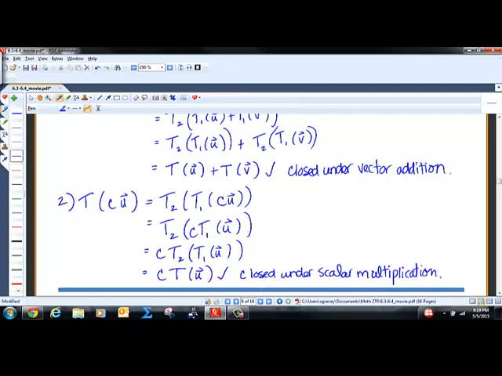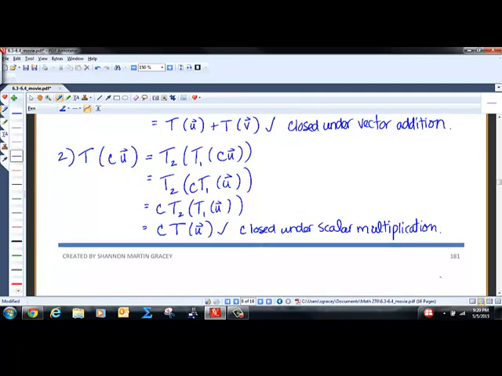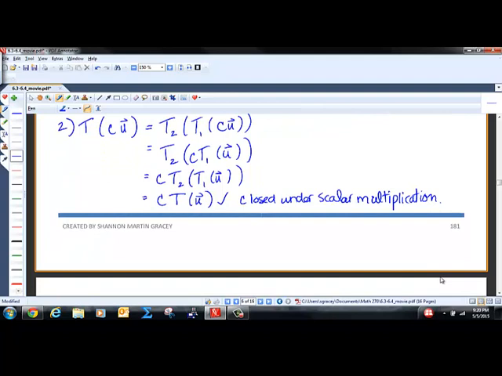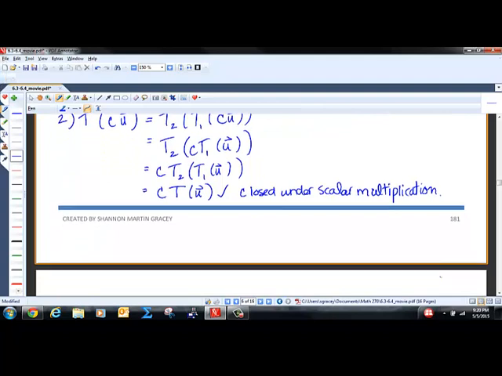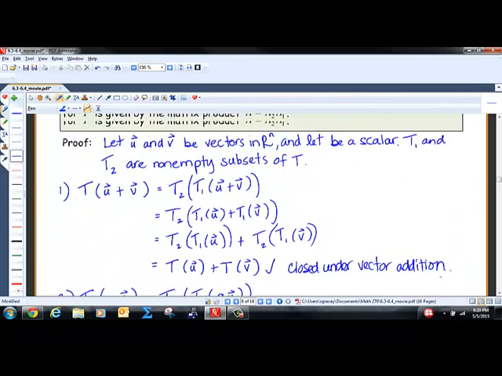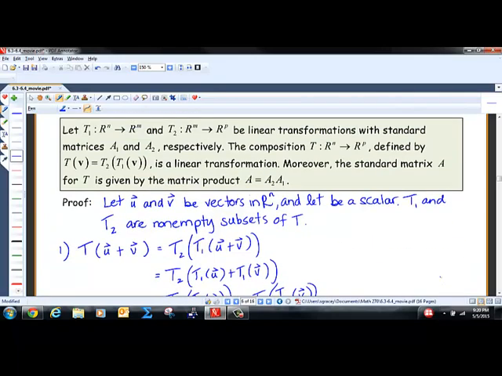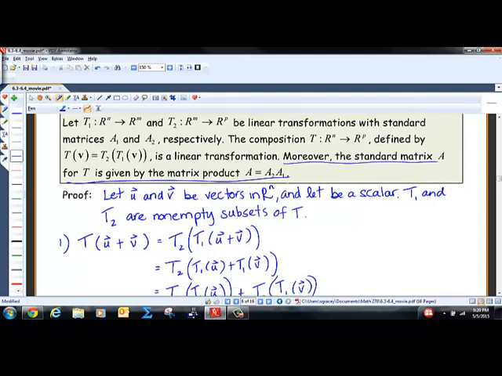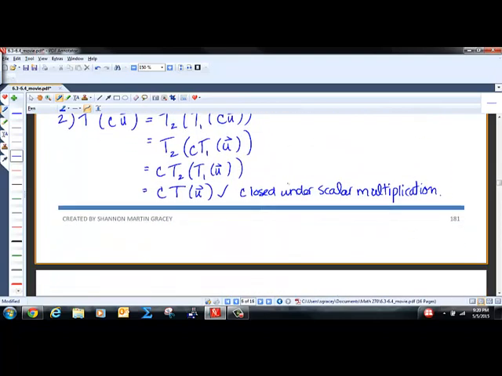So what do we have going on? That means that actually we need to show one more thing. The moreover part, the standard matrix for T is given by the product. So we've got to prove that. I'm going to just do this as number 3, that moreover statement.